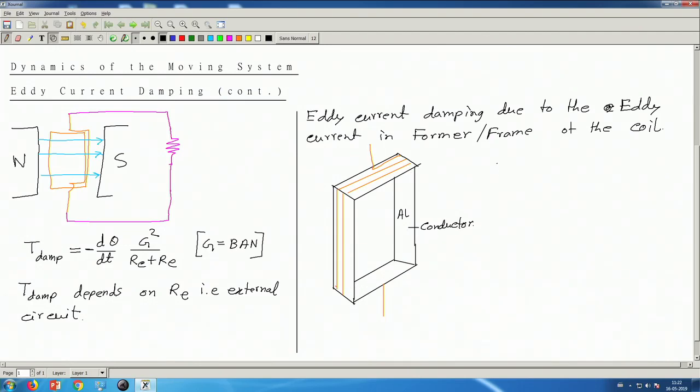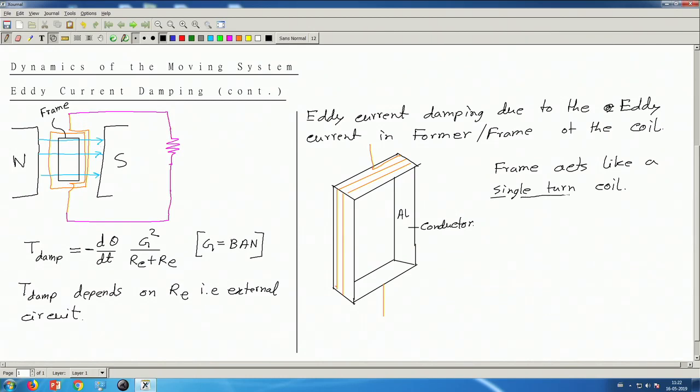So the frame acts like a single turn coil. We have the frame here inside the coil, and this itself is a closed circuit. This acts like a one turn or single turn coil.